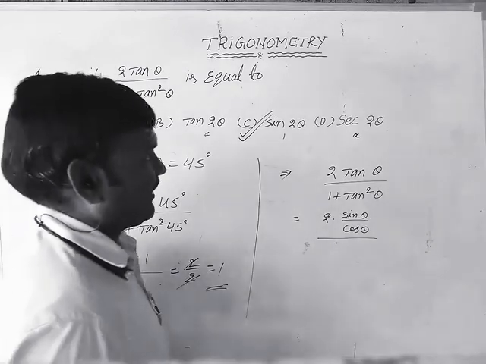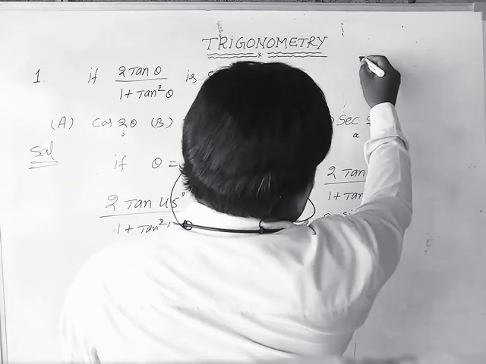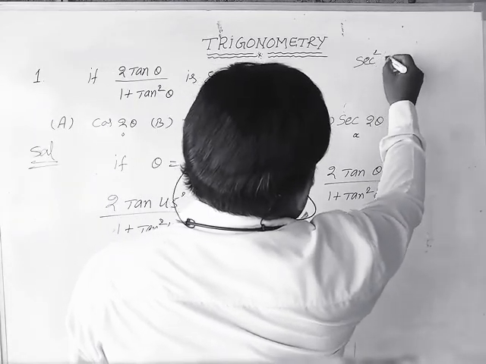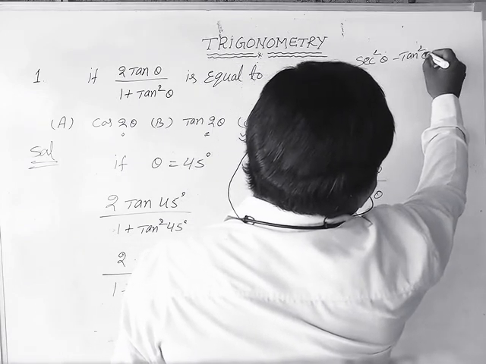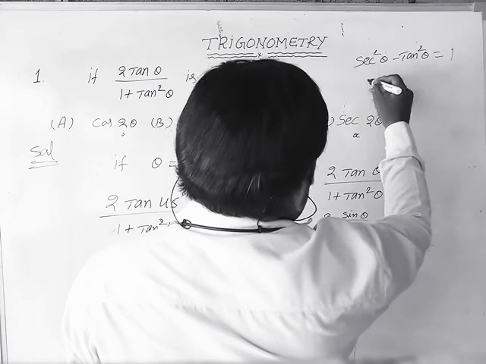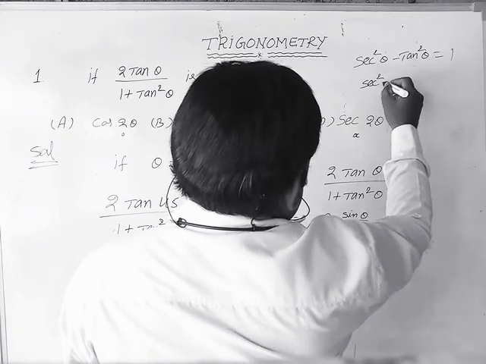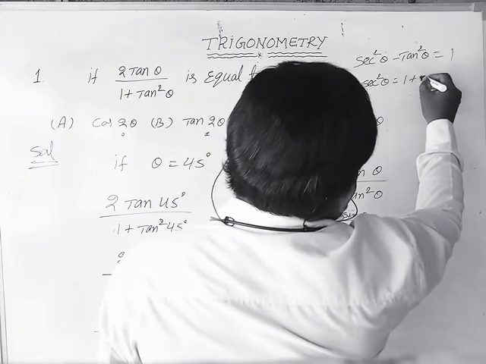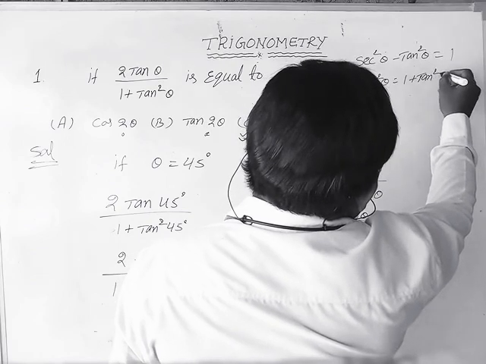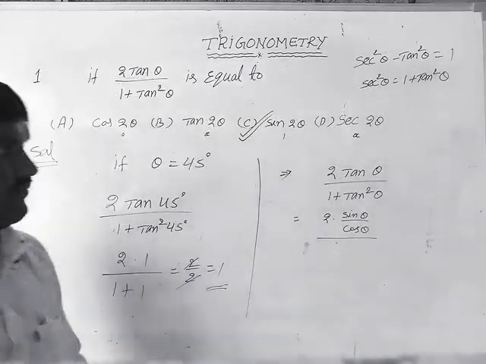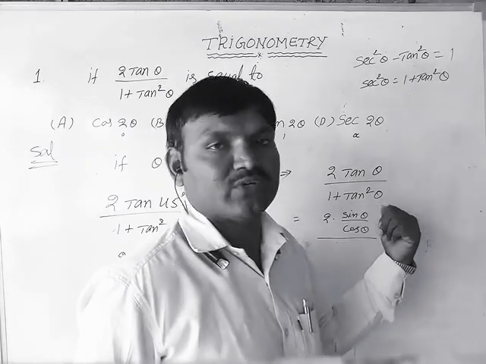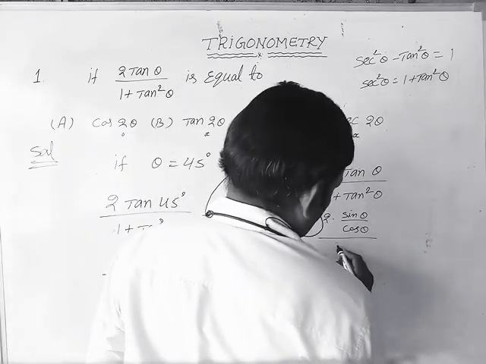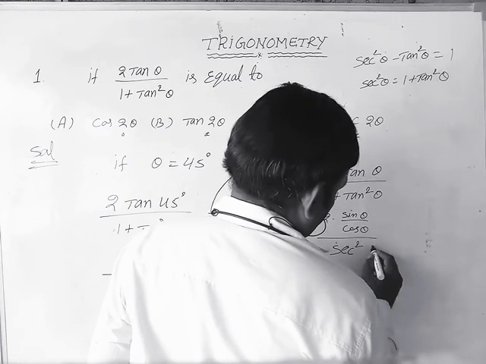I have one main formula, that is secant square theta minus tan square theta is equal to 1. Then I can write secant square theta is equal to 1 plus tan square theta. So that's why 1 plus tan square theta is equal to secant square theta.